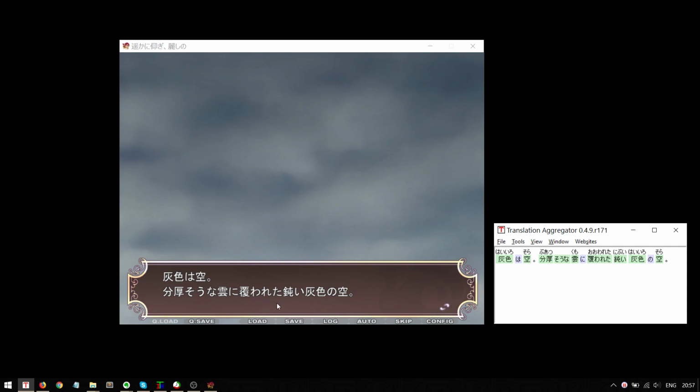Oware is the passive form of ou. Ou means to cover something, to be covered in something. So this is describing the nibui haiiro no sora. So it's covering the sky. The thick clouds are covering the sky.